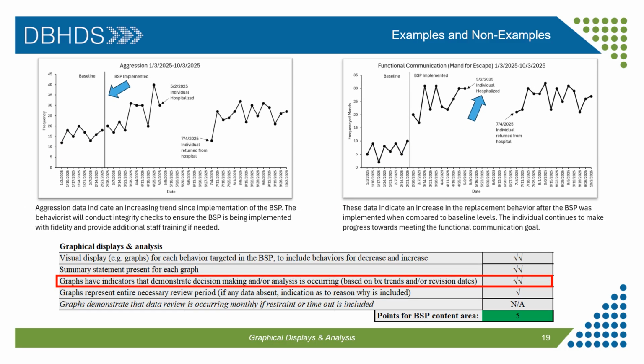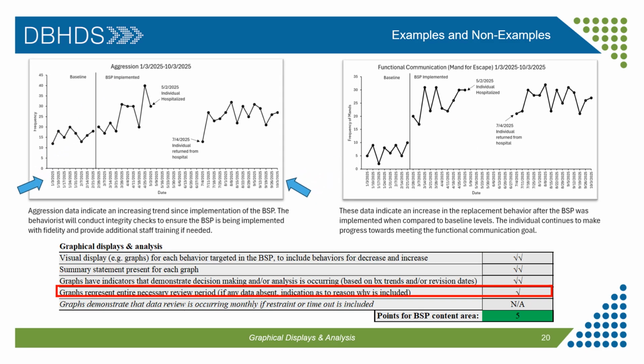This plan scores both checks for indicators that demonstrate decision-making and/or analysis is occurring, because the graphical displays include a phase change line with labeled conditions and arrows indicating significant life events. And the plan also earns the one possible check for graphs representing the entire necessary review period, because a reason is provided for the missing data.